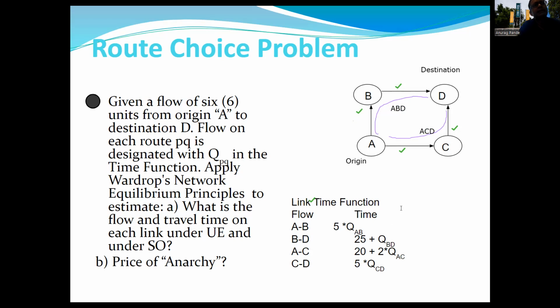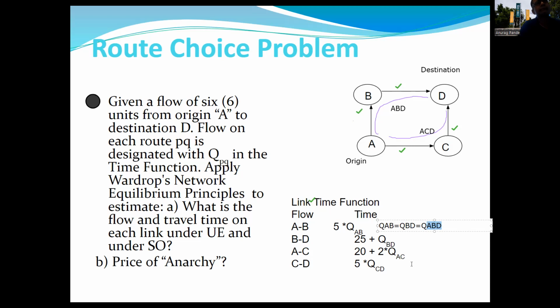Because of conservation of flow, QAB should be equal to QBD, because whoever comes in at B has to go towards D, and I could call it equal to QABD, the route flow.